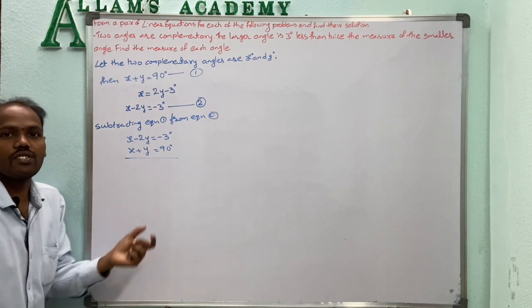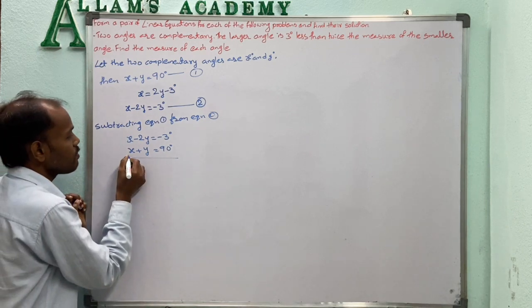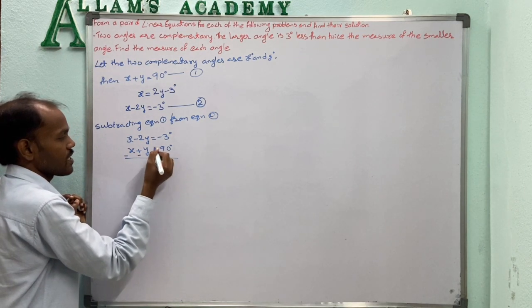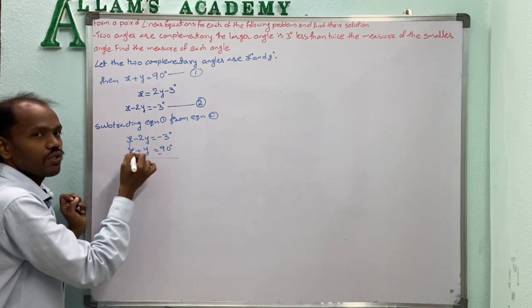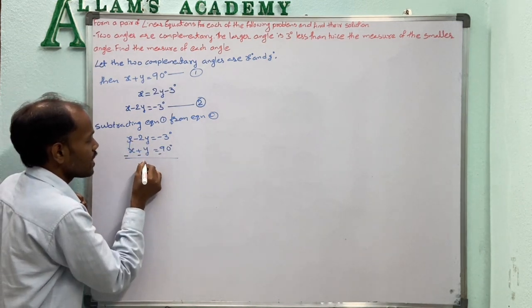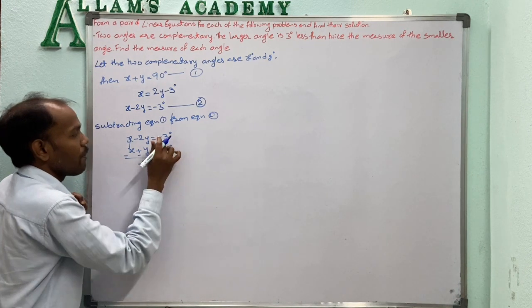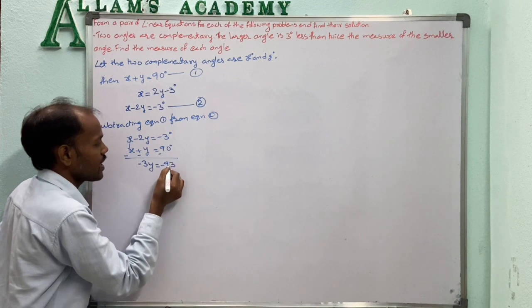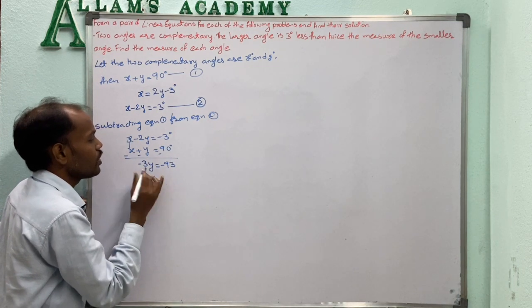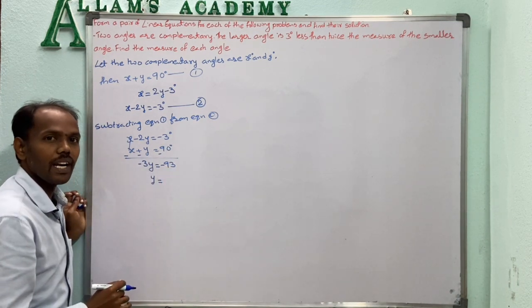Now subtracting, we have to change the symbols. The plus will be minus. x minus x gets cancelled. Minus 2y minus y is minus 3y, equals minus 3 minus 90, that is minus 93. So minus 3y equals minus 93.